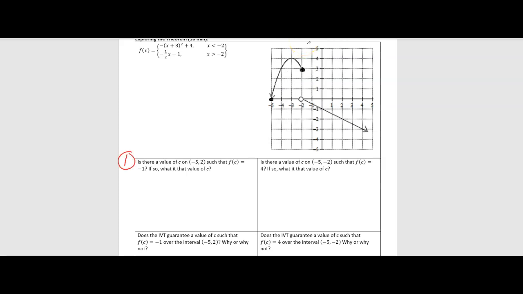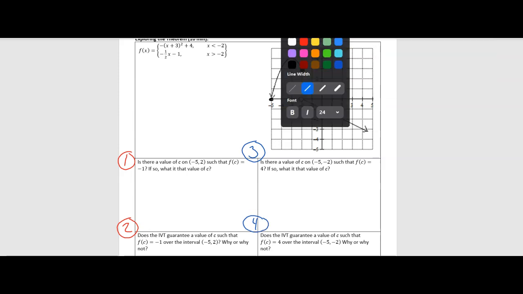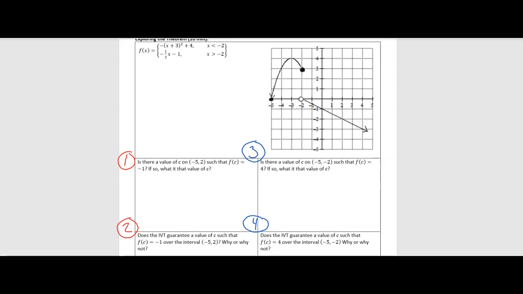We're going to label them 1, 2, 3, and 4. 1 and 2 go together, and 3 and 4 go together, so that's why I'm using different colors. So let's look at number 1. It says, is there a value of c on the open interval -5 to 2 such that f of c is equal to -1? If so, what is that value of c? So let's look at that open interval, -5 to 2.